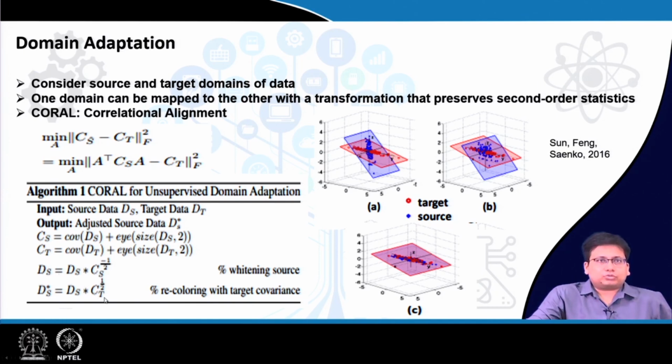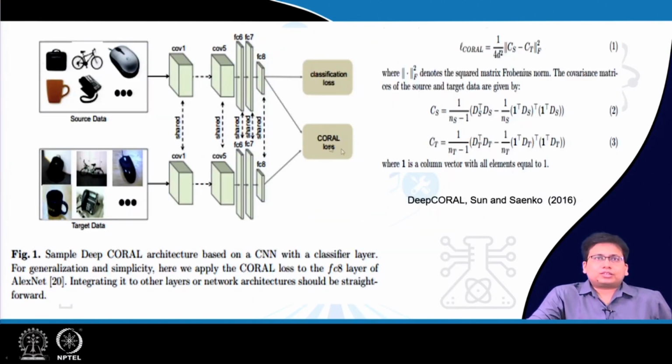You just do this matrix multiplication and you get the mapped source, or the projection of the source domain. Once you have mapped all the source data points into the target domain, then whatever model you want to learn, you can learn it in that transformed source domain. Now this can also be achieved with the help of deep learning.